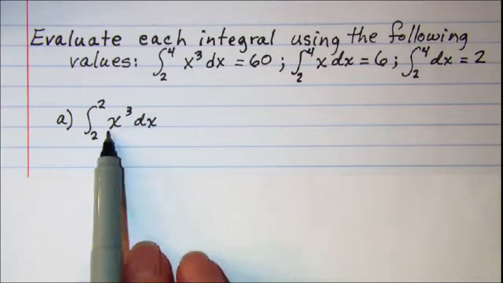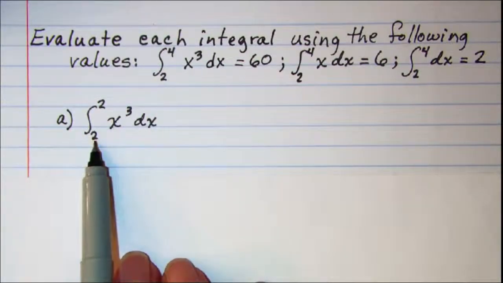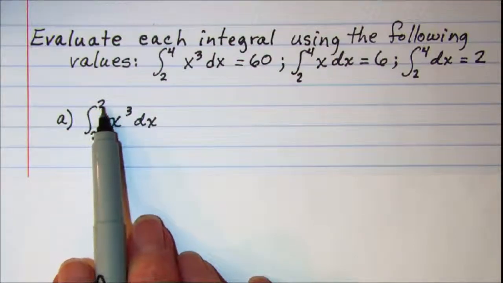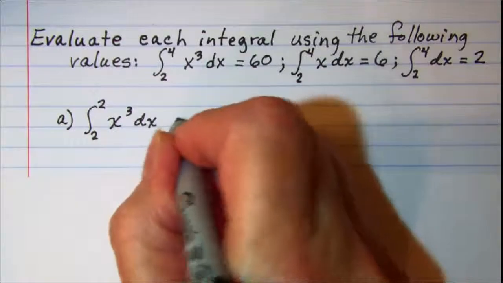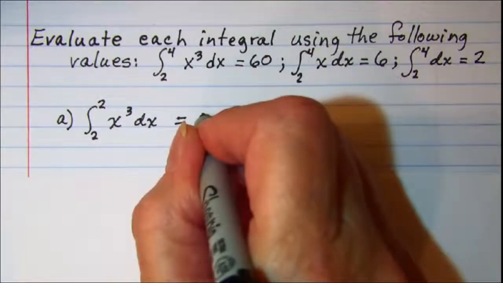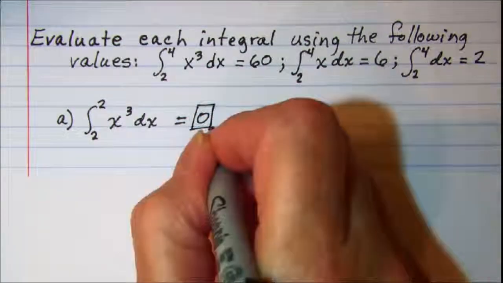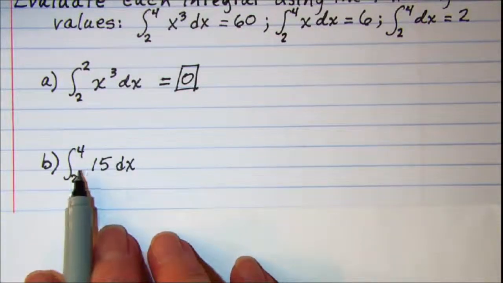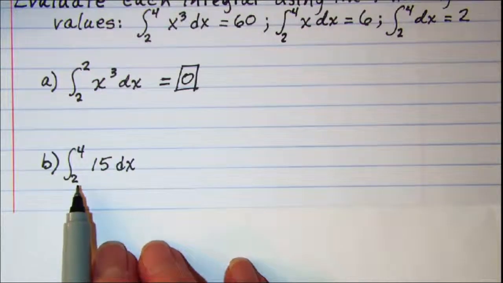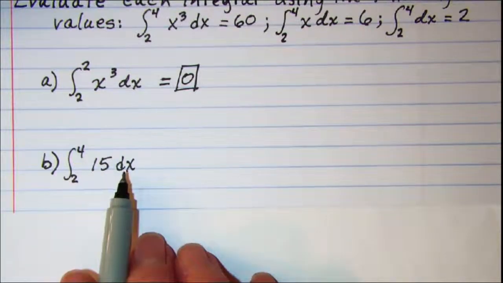Now it doesn't matter what our function is, because the lower limit of integration is the same as the upper limit of integration. This value is 0. Our next one, we're asked to evaluate the integral from 2 to 4 of 15 dx.